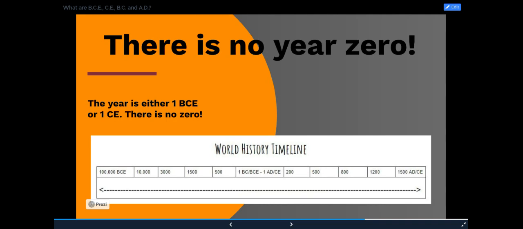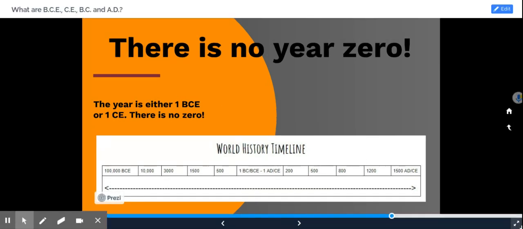So if we were counting years, it would be like 5 BCE, 4 BCE, 3 BCE, 2 BCE, 1 BCE, 1 CE, 2 CE, 3 CE, 4 CE, 5 CE, all the way up to 2020, right? And we'll explain that better in the next section.